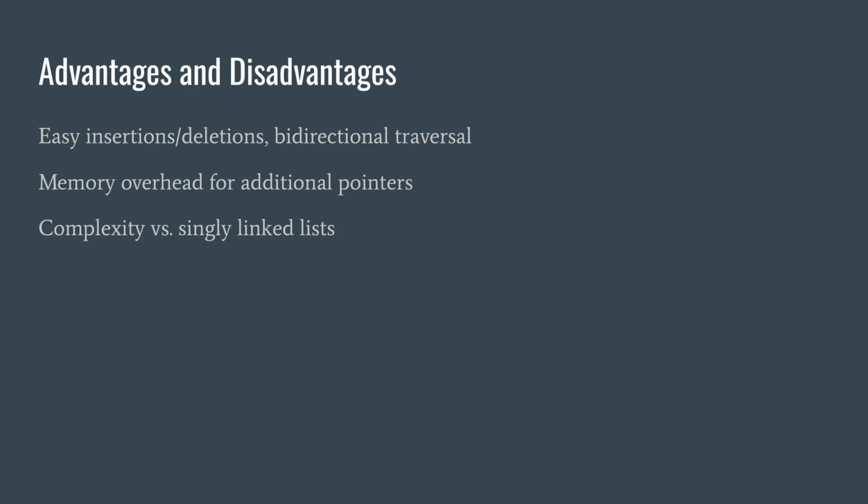However, these come at the cost of additional memory overhead compared to singly linked list, because for every node you're storing another pointer, prev, and operations to maintain list structure are slightly more complex because you need to make sure to connect not only next but also prev. So understanding these trade-offs is crucial when deciding whether to use a doubly linked list in your application.